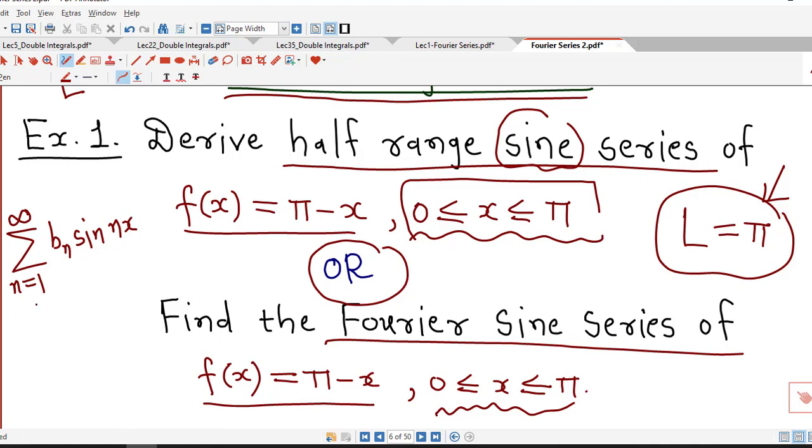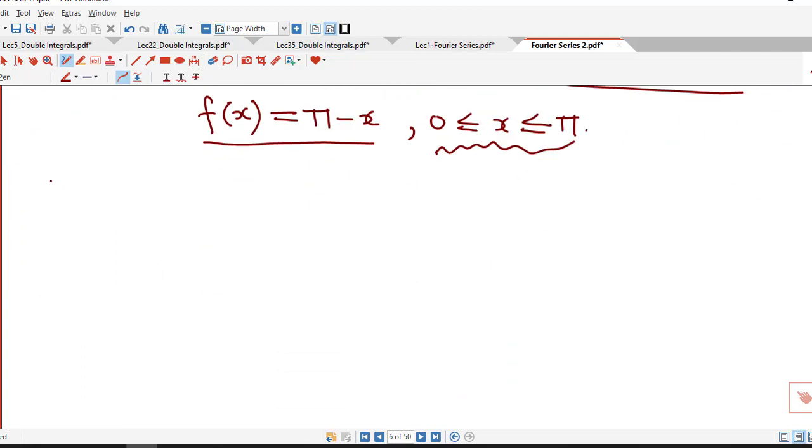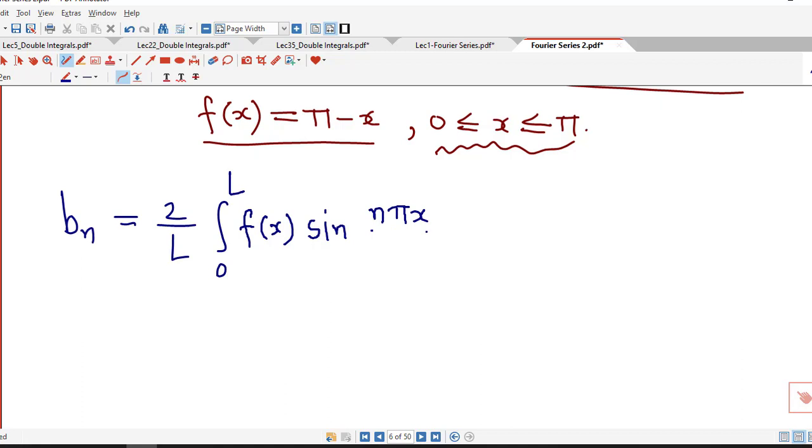So we first calculate Fourier coefficients Bn. So formula for Fourier coefficients Bn is 2 divided by L integral 0 to L, we use the general formula f(x) sin n pi x by L dx.